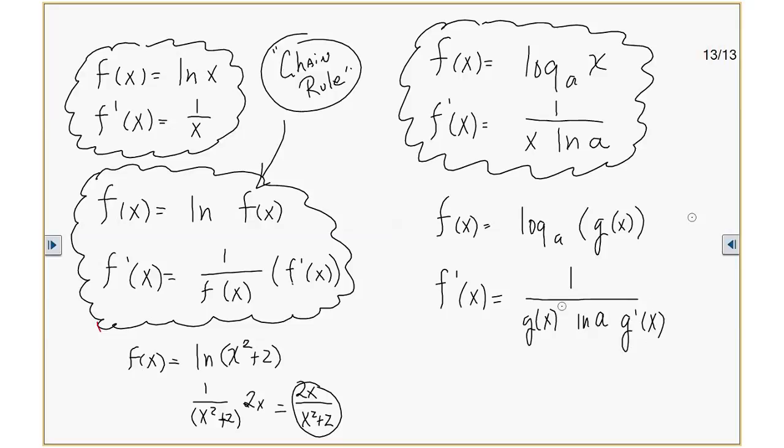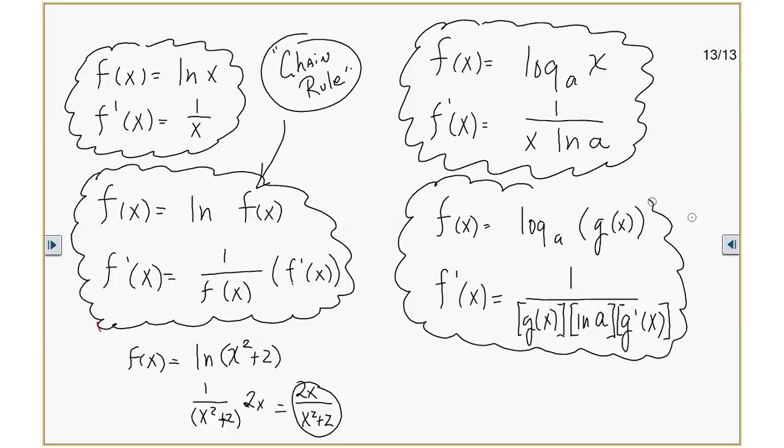I'm going to put these in brackets so you'll keep them separate. So 1 over the function times the natural log of the base times the derivative of what's inside.